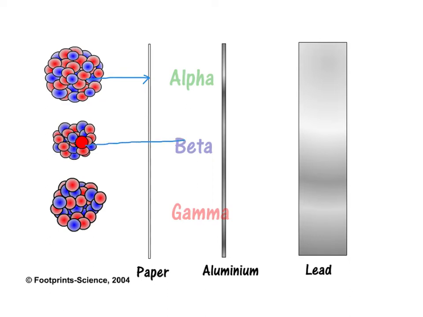It can go through the paper, but it is stopped by a thin layer of aluminium. And then we have gamma at the bottom here. It's a high energy electromagnetic wave, and that will be stopped by a few centimeters of thick lead, or thick concrete. They are also stopped by other things that we're going to look at in the information pages that we're going to look at now.